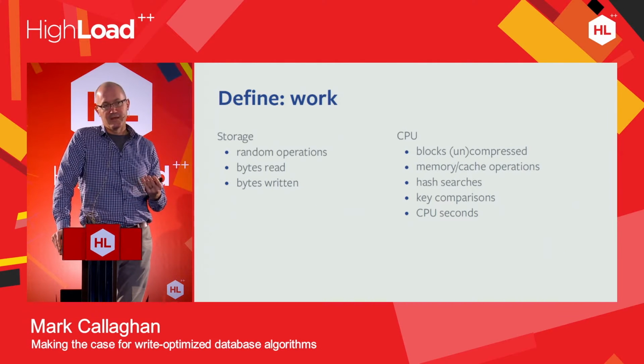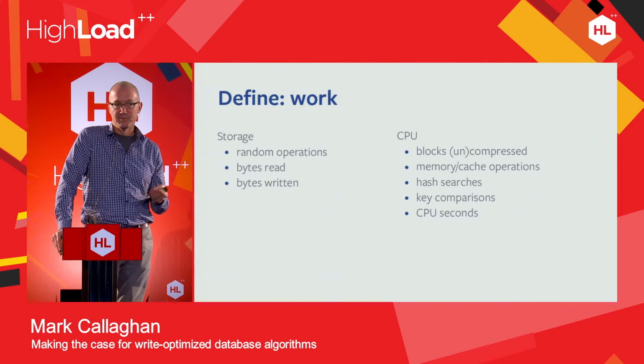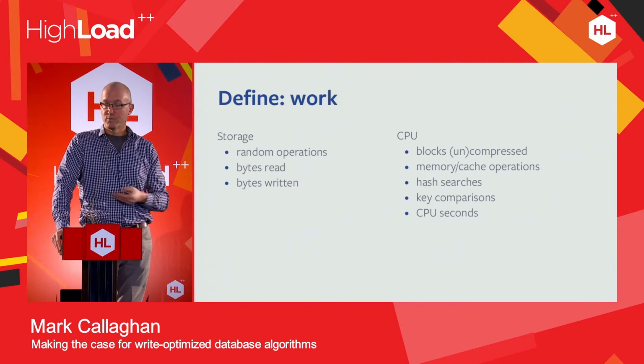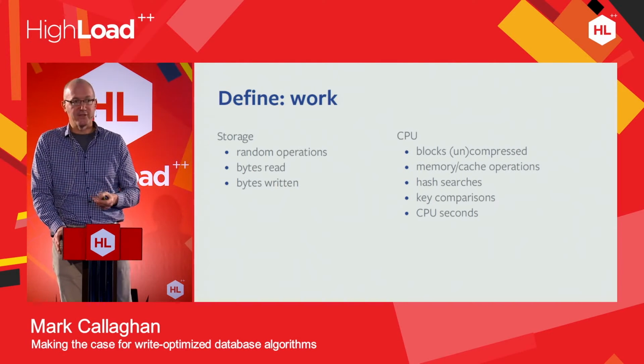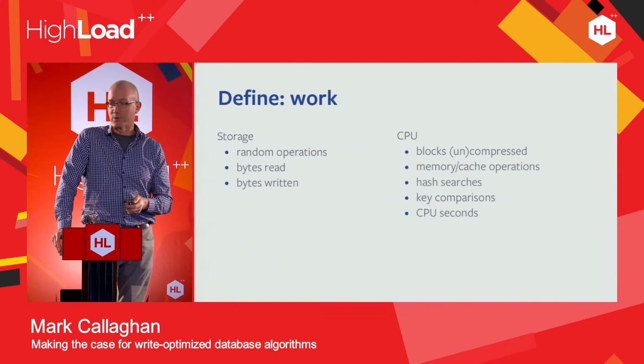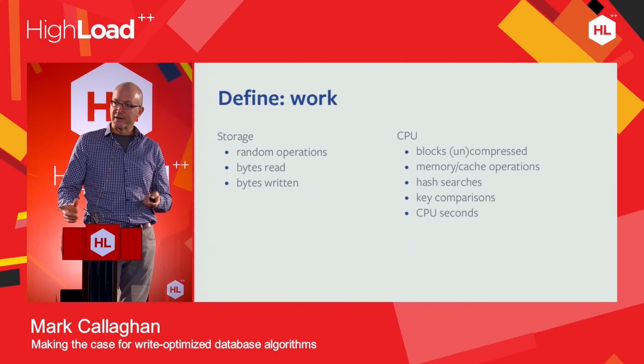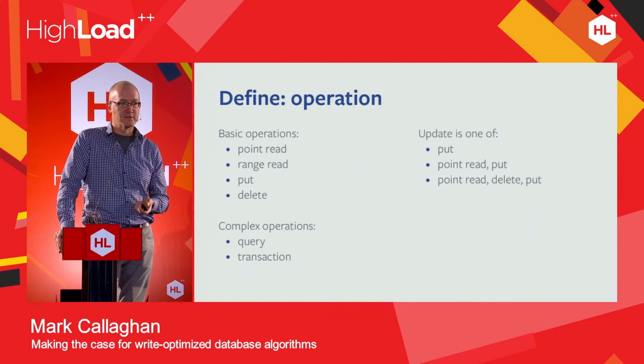It would be nice if we could collect these metrics and expose them, but unless you're willing to modify the engine, which we are at Facebook, you might not see these numbers. So what I end up using frequently is just the number of CPU seconds, how much CPU is used, as a proxy for these higher level operations.